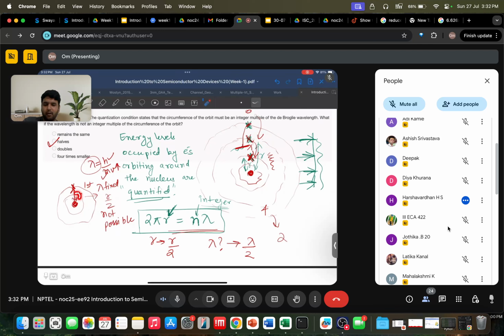Definitely, this R will not be the same. R for a hydrogen atom will not be the same as R for an oxygen atom. That R will be different, but the same fixed states always hold true. The law is true, but the value of R may change. Okay, sir. Thank you.